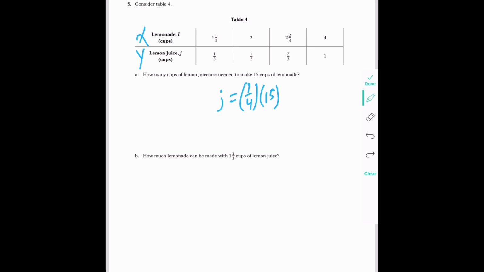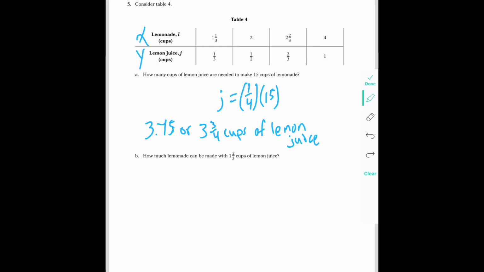So I know 1/4 is 0.25 times 15, which equals 3.75 or 3 3/4 cups of lemon juice.